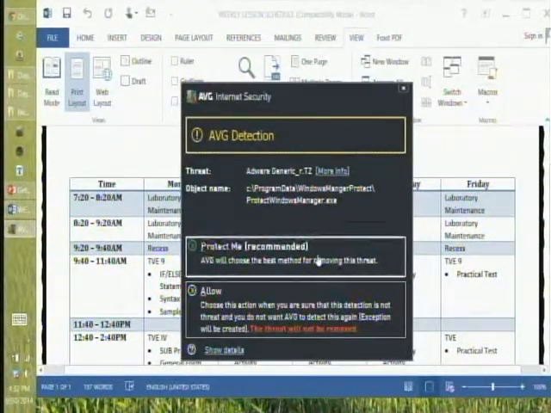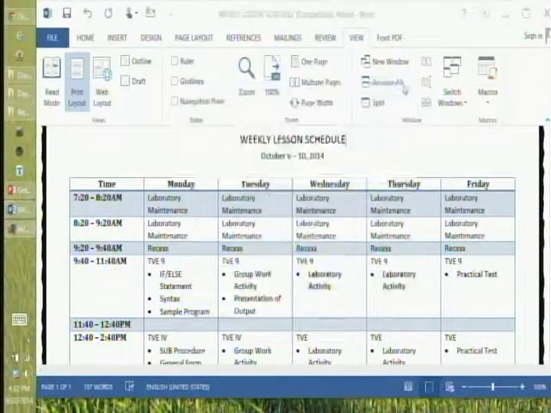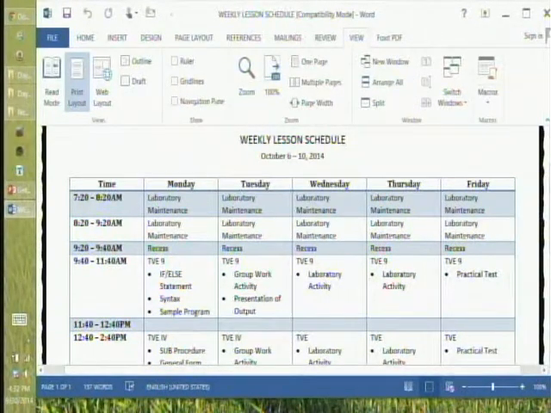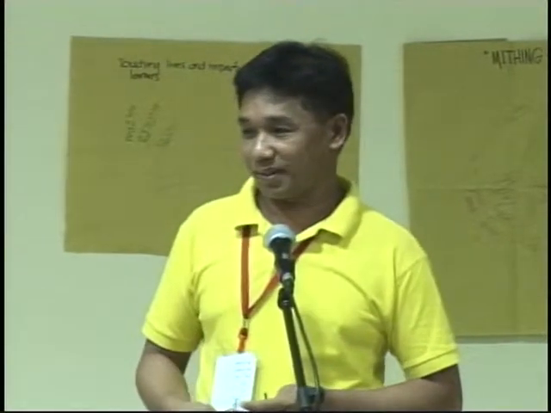But having other activities, I put that laboratory maintenance. That is the idea of my partner. And the borderlines and the design were shared by my friend.